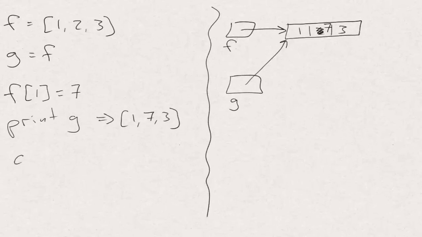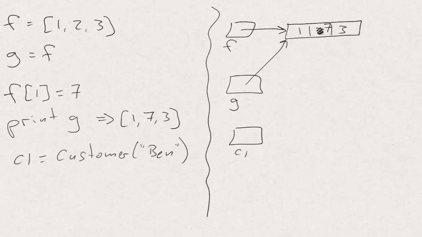So if we had made an instance of a customer, and assigned it to c1, and we set it to Ben, well, then what we'd have here is c1 having a value which is a reference to an instance of the customer class, and it would contain the name Ben in that slot.